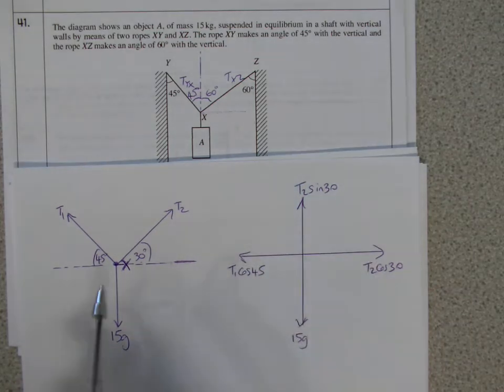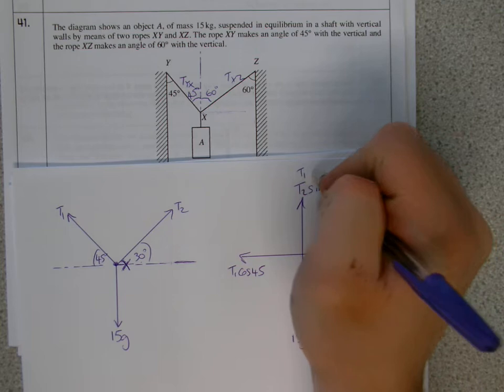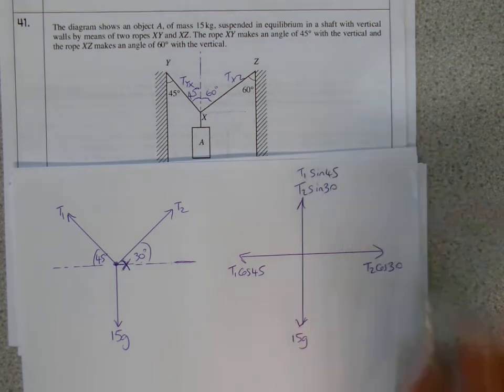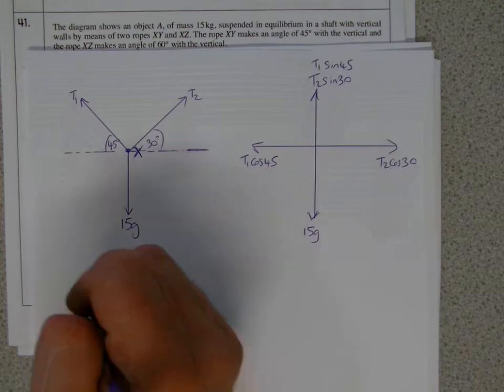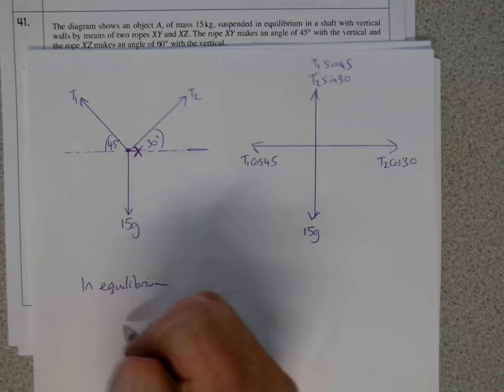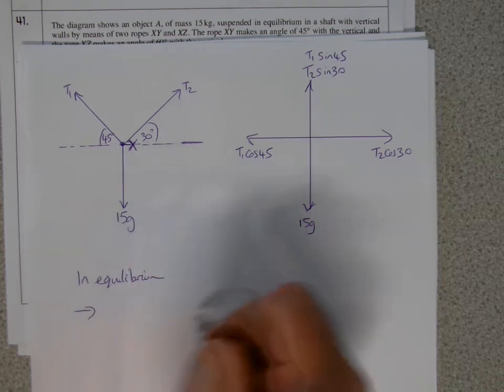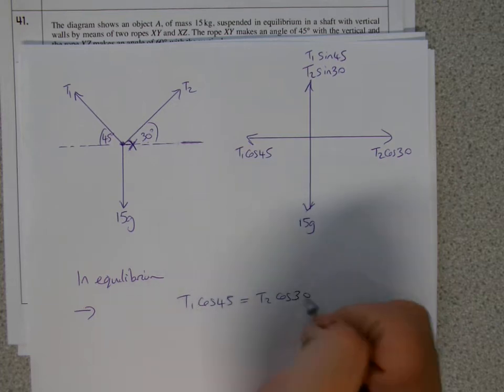As I said, if you're not sure about this, you need to go back to the coplanar forces videos to see how to resolve the angles properly. But don't forget you've got T1 cos 45, and then T1 sine 45 up there. Now it's in equilibrium. So when we resolve horizontally, T1 cos 45 equals T2 cos 30.